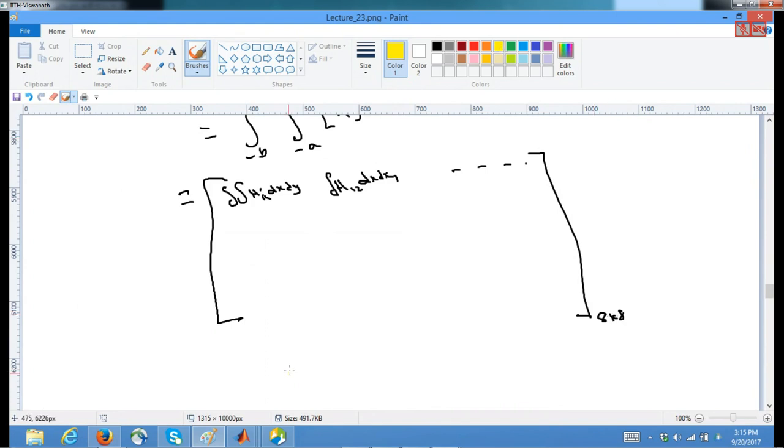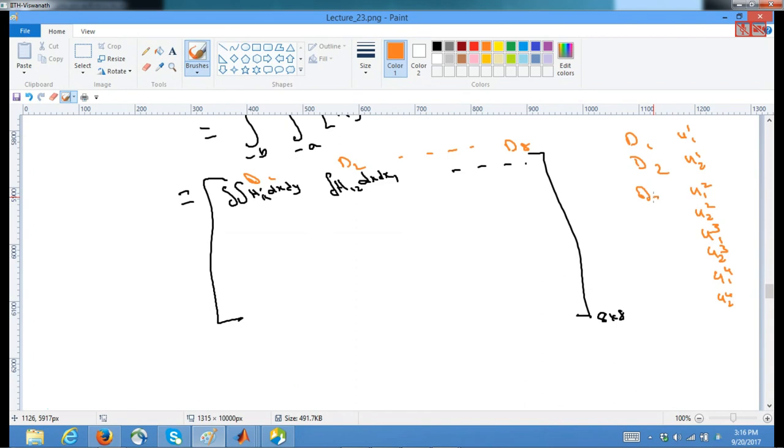This is with respect to degree of freedom 1. I'll write it with the help of d1, d2, and so on up to d8, where d1 is u1 at node 1, d2 is u2 at node 1, similarly u1 at node 2, u2 at node 2, u1 at node 3, u2 at node 3, u1 at node 4, u2 at node 4.